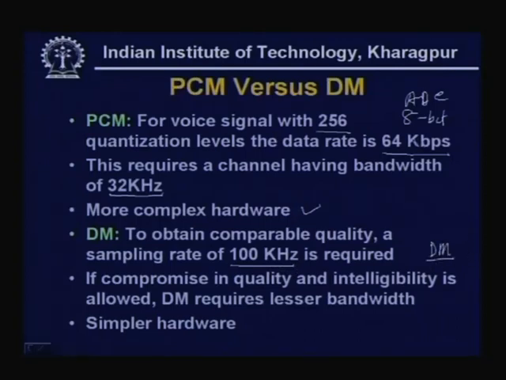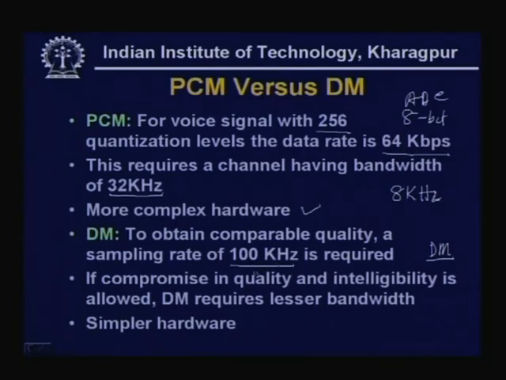As we have seen, in the case of the pulse code modulated signal, the sampling rate was 8 kilohertz, and after converting into pulse code modulation using 8 bit encoding, you get 64 kilobits per second. On the other hand, to get the same quality of performance in terms of intelligibility and quality, the sampling rate has to be 100 kilohertz, otherwise you do not get that much quality.